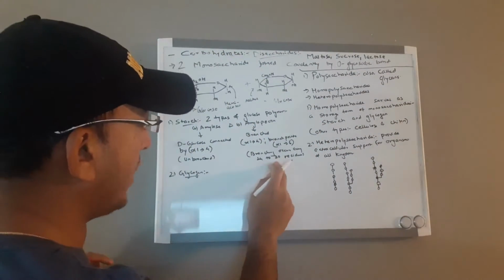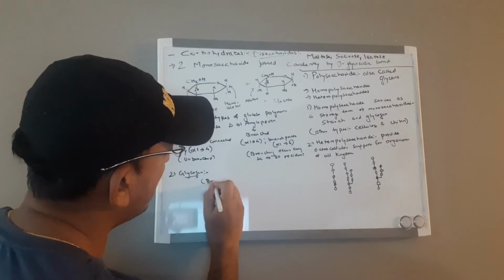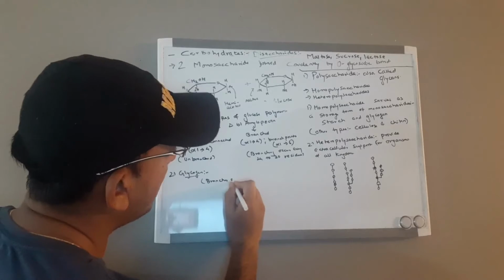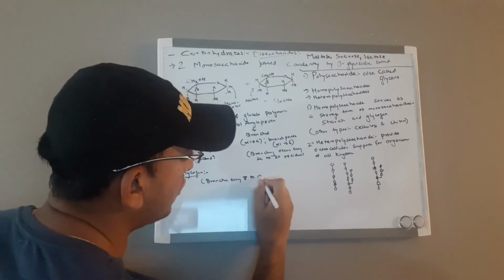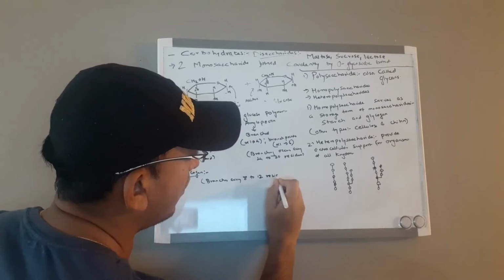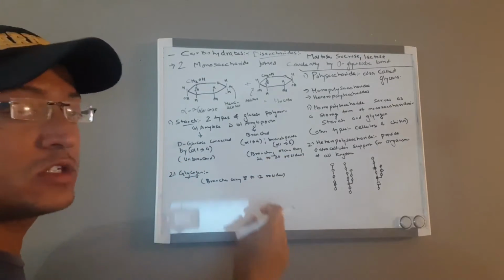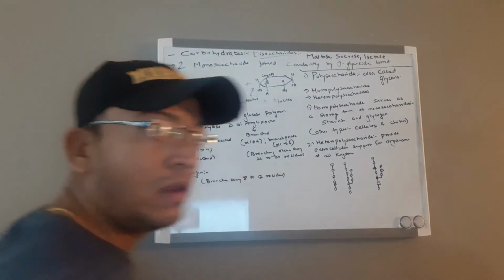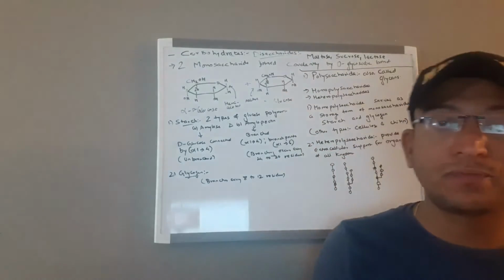Starch branches every 24 to 30 residues, but glycogen branches very frequently, every 8 to 12 residues, and these are more compact than starch.